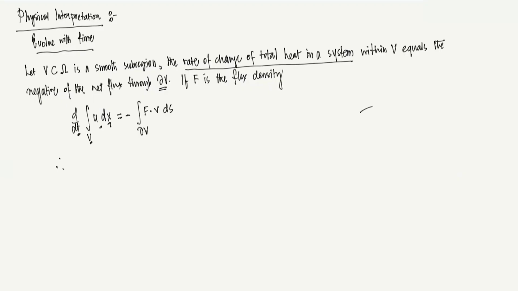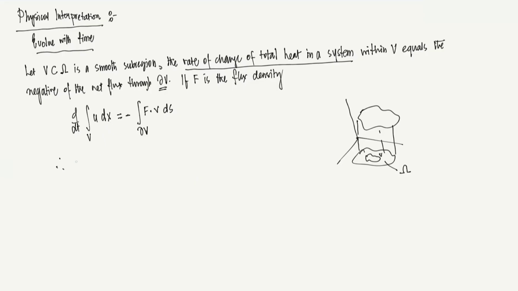So essentially omega is in the x variable. Maybe I can draw it here. So this is your omega, and there is this time variable here. So this is the whole domain, the cylinder, right? Now you see this V is somewhere here. The integral is with respect to x, which is in V, so if I take the derivative with respect to t, I can take it inside. The derivative with respect to t does not depend on V.